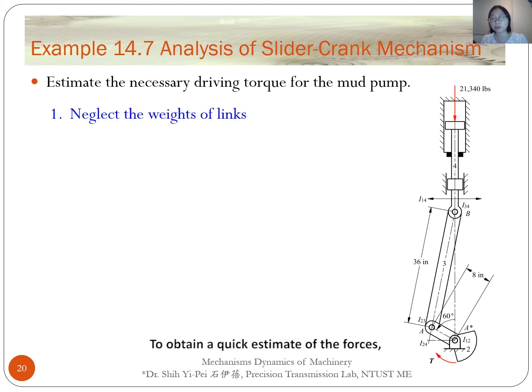To obtain a quick estimate of the forces, we will neglect the effect of the weights of the components. This is reasonable because those weights are much smaller than the piston force P, 21,000 and 314 pound force.